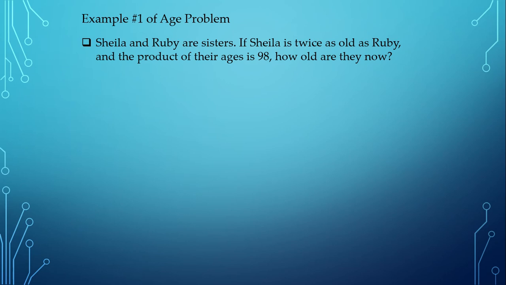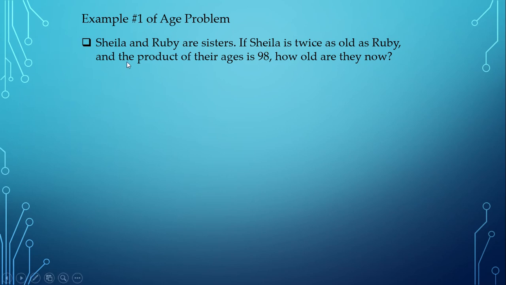If Sheila is twice as old as Ruby, so Sheila's age is twice Ruby's age. Sheila is older, and Ruby is the younger one. Ruby's age doubled is Sheila's age. That's one observation on the statement.